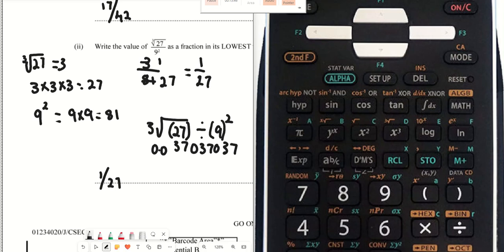If they give you something like this, you are going to press this button, the ABC button, while it is on this answer, and it will convert it to a fraction. So if you put exactly this and you get a decimal, press that ABC button and you'll get it as a fraction.